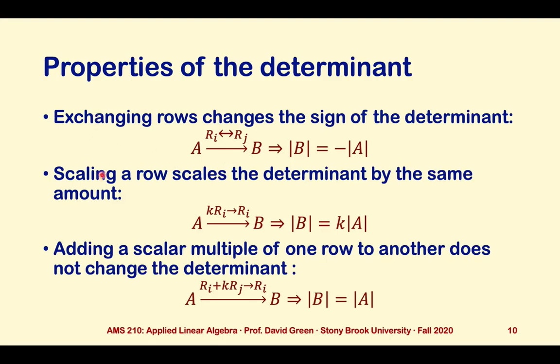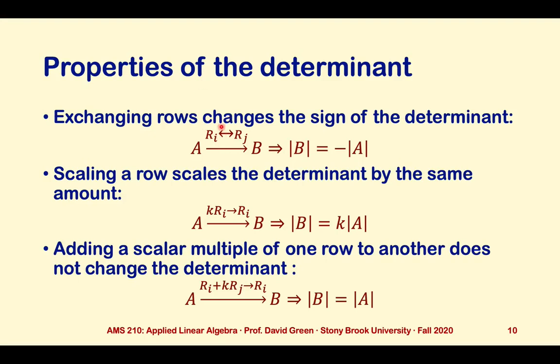Remember that there are 3 fundamental row operations we can apply. We can exchange 2 rows of a matrix. We can scale a row of a matrix, multiplying a row by a scalar, or we can add or subtract a scalar multiple of one row to another. And any other row manipulations are really combinations of these.